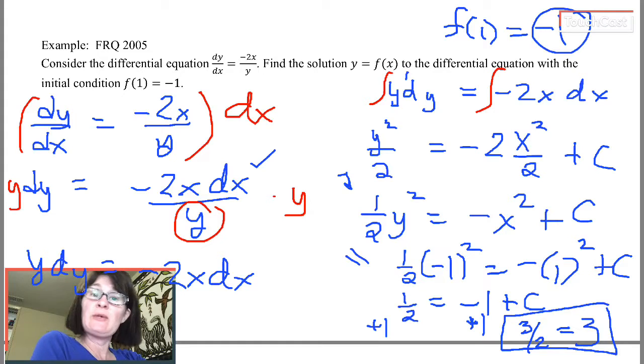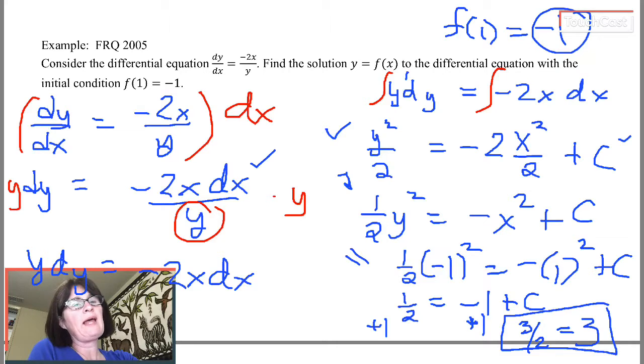Finding your antiderivatives correctly, which I did here, is worth either 1 point each, or sometimes 1 point for getting them both right. Just remembering to have a plus c is worth 1 point. Figuring out what c is by using that initial value is worth 1 point. It's going to be worth one last point if I can isolate y.